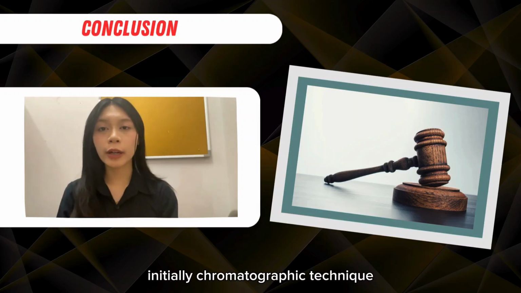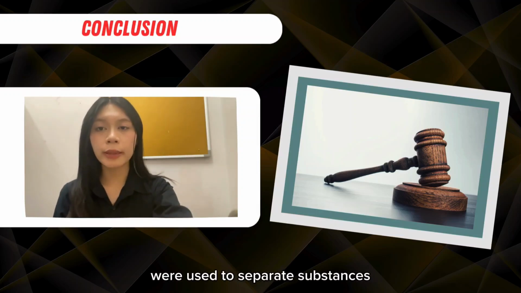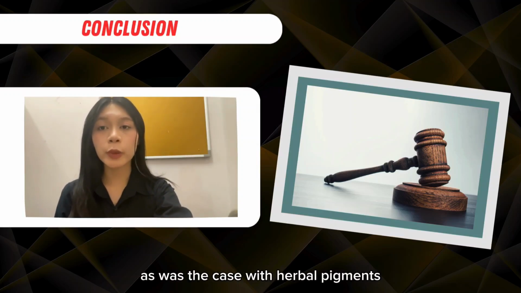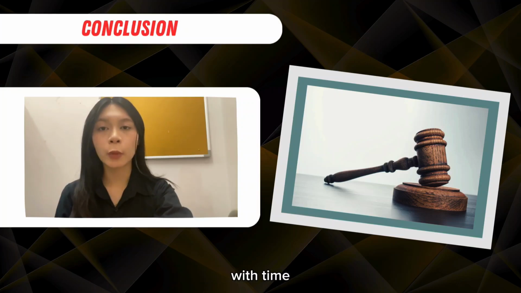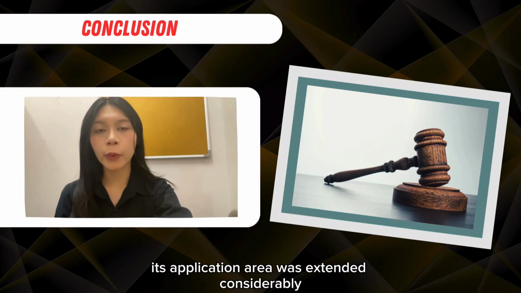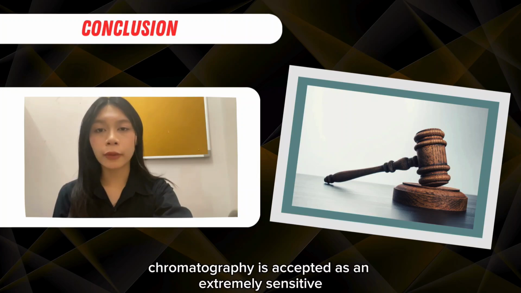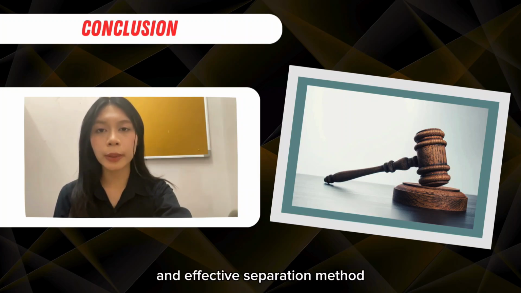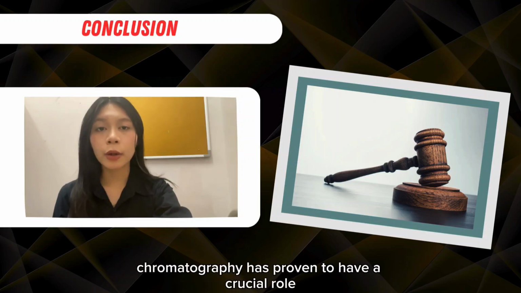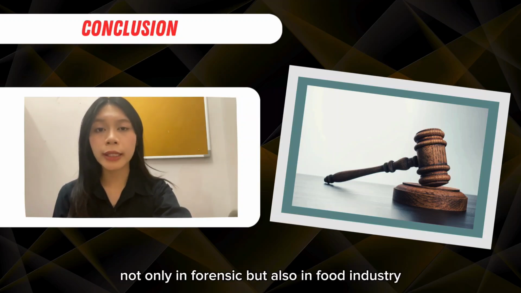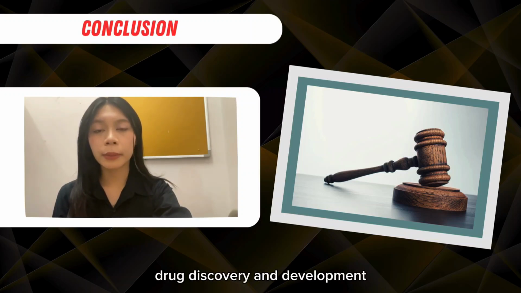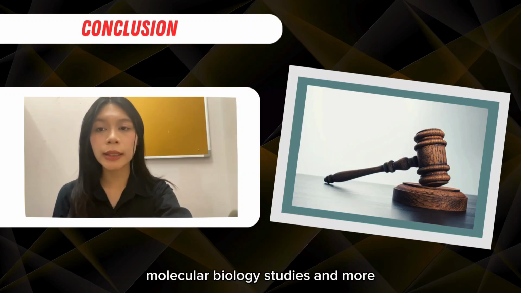Initially, chromatographic techniques were used to separate substances based on their color, as was the case with herbal pigments. With time, its application area was extended considerably. Nowadays, chromatography is accepted as an extremely sensitive and effective separation method. Needless to say, chromatography has proven to have a crucial role not only in forensics but also in the food industry, drug discovery and development, molecular biology studies, and more.